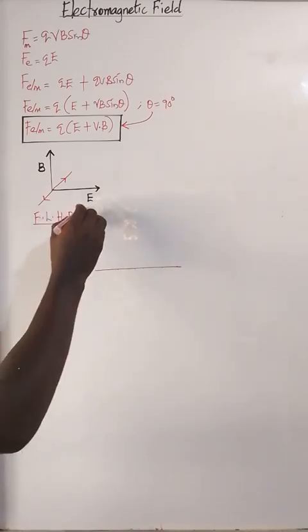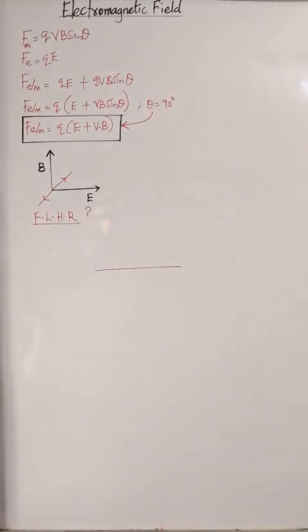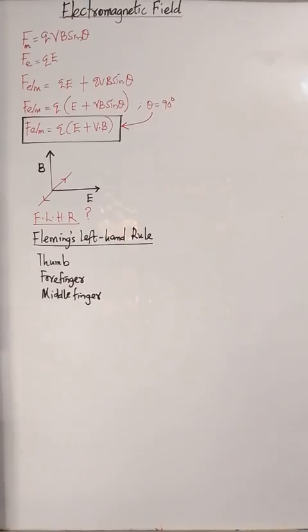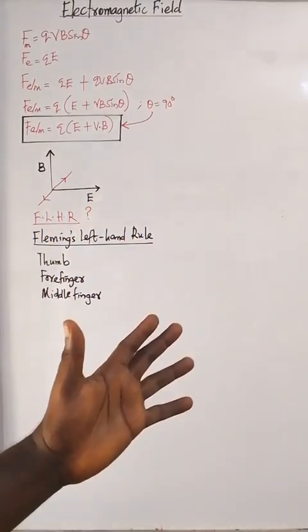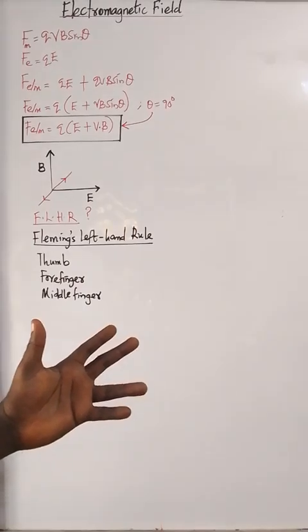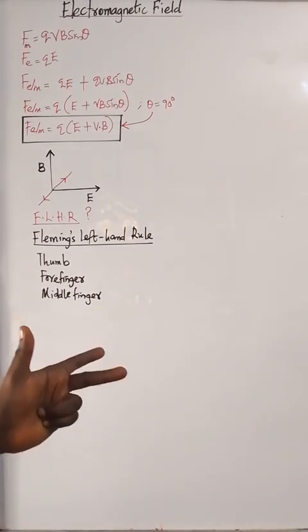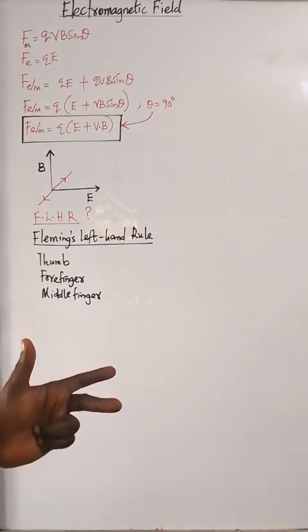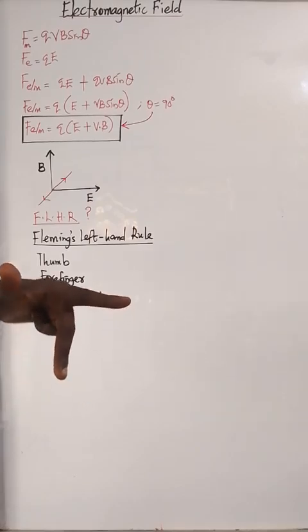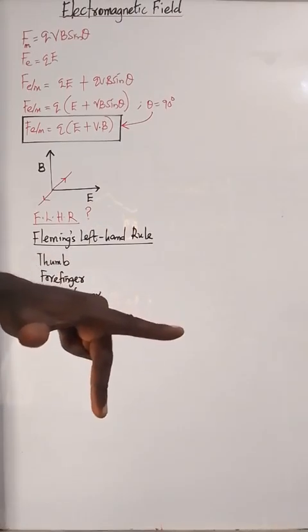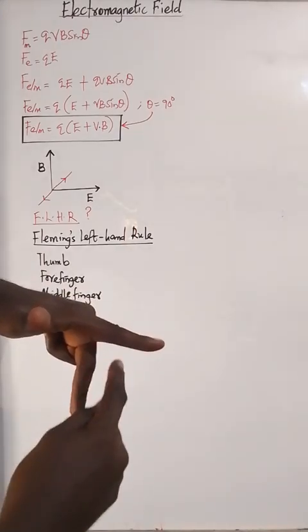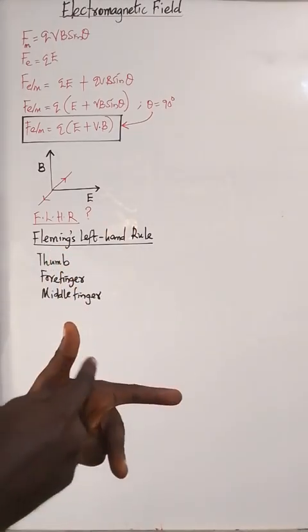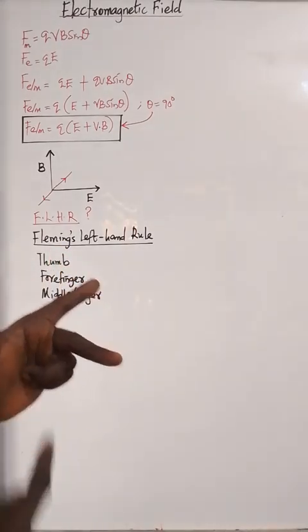So the question is, what is Fleming's left hand rule? For Fleming's left hand rule, we are going to use our left hand. We don't need these two. Let's ensure we arrange our hands so that they are all perpendicular, meaning the angle between this is 90, the angle between these two also is 90, and this to this is also 90.